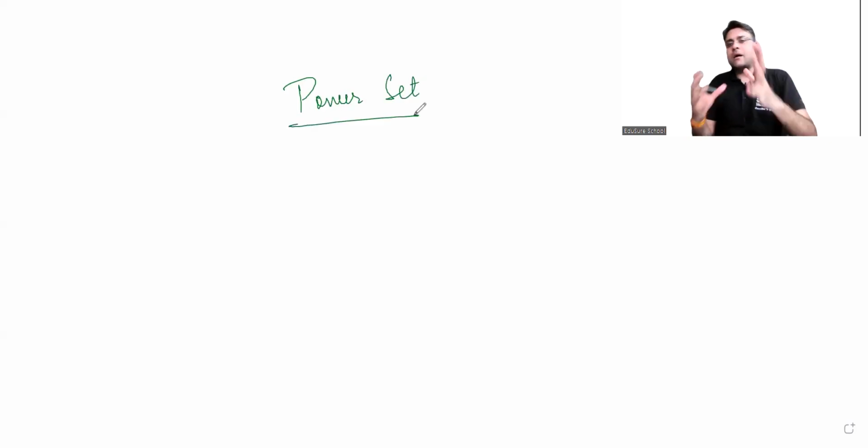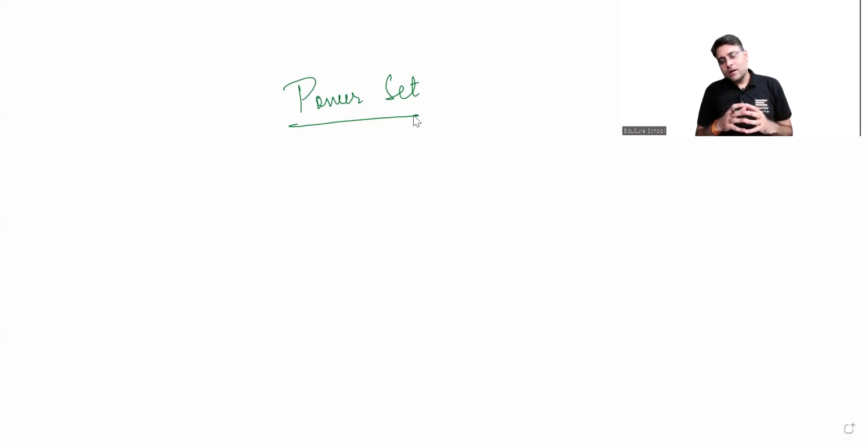Now, what is a power set? A power set for any set is the set of all subsets. It arises out of the concept wherein we discussed subsets. So from a given set, let's define another set which gives us the set of all subsets.